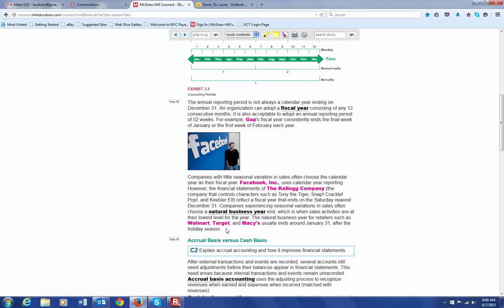Such as Walmart and Target and these department stores, their natural business year ends on January 31st. So their year goes from February 1st to January 31st. And that's because it follows their natural business cycle, meaning wait till after the holiday season before you wrap up your business for that particular year.